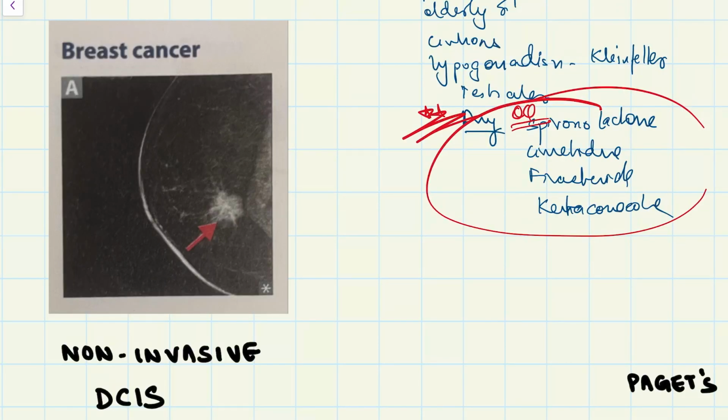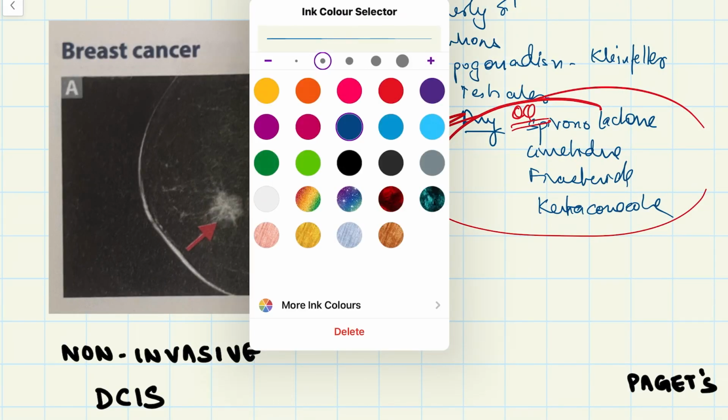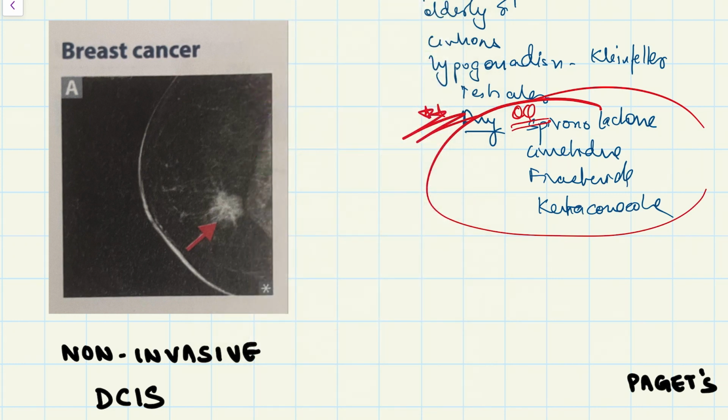So the next topic is breast cancer. It is another important cancer after cervical cancer, as breast cancer is the most common cause of cancer in females overall, right? So it commonly occurs in postmenopausal females, and it often presents as a palpable hard mass.